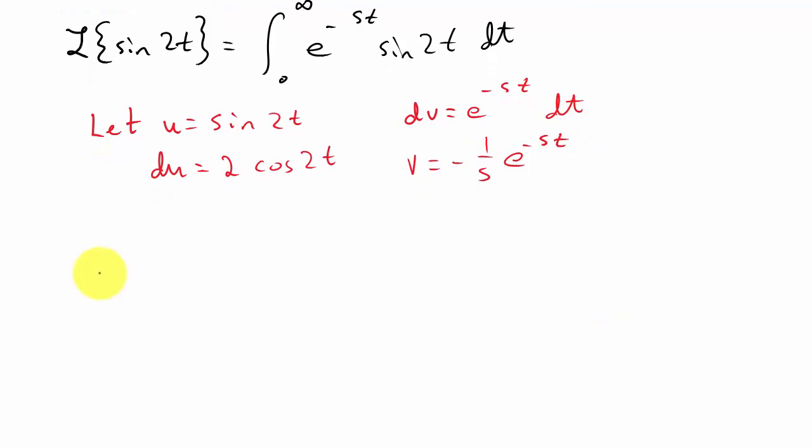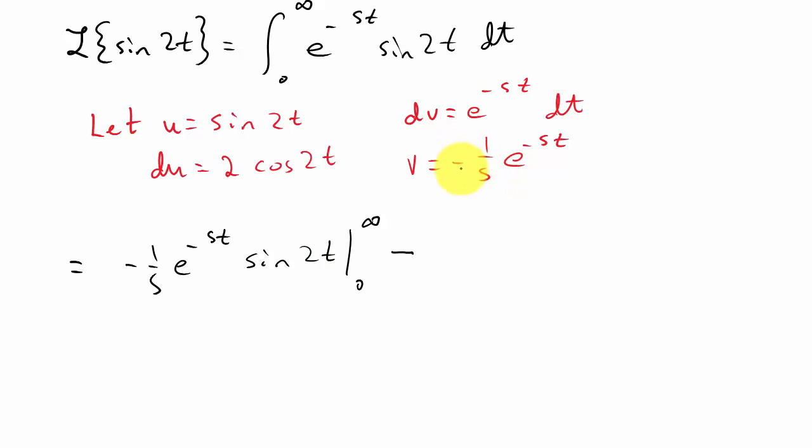Alright, so this is going to give us u times v, so negative 1 over s e to the negative st times sine 2t, and I'm going to evaluate this from 0 to infinity, minus, now that's going to be du times v.